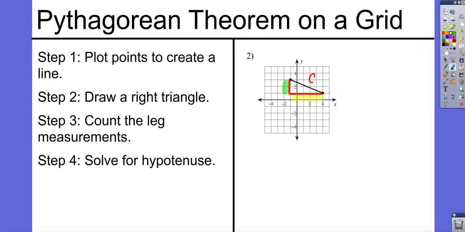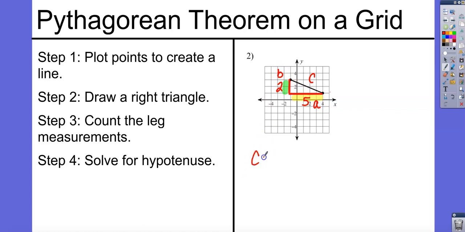Okay, so I'm going to highlight those for you. Over here in green, I have 1, 2 squares, so I'm going to label with a 2. Down here in yellow, 1, 2, 3, 4, 5 squares, so I label with a 5. And then from here, the big number is going to be A, the small number is going to be B.